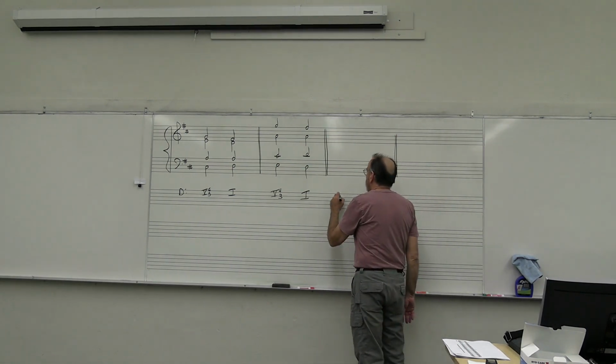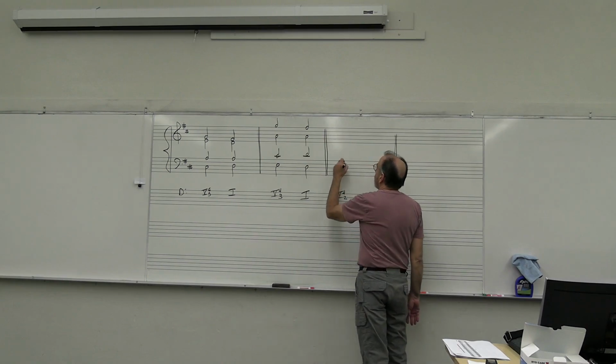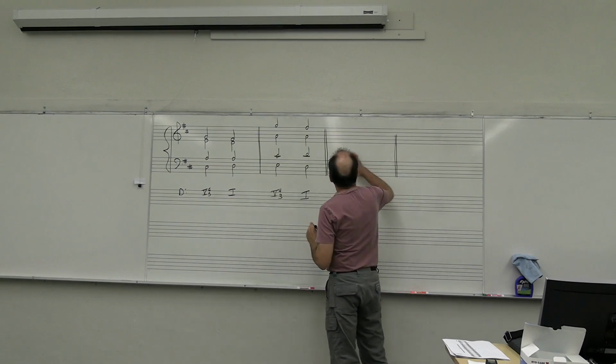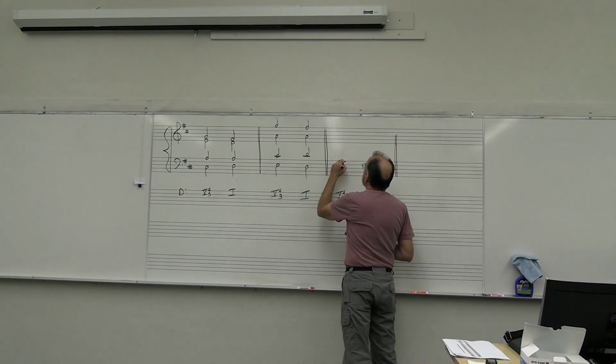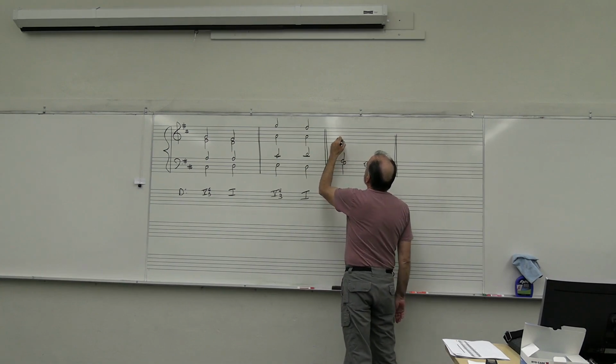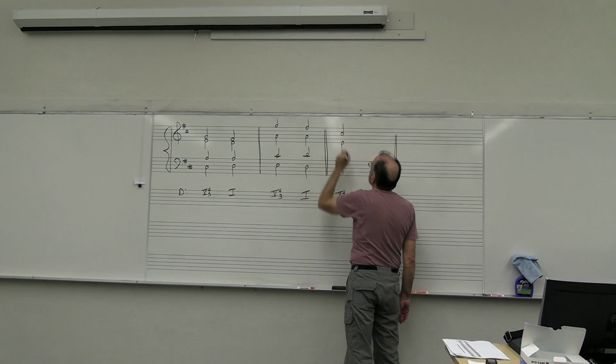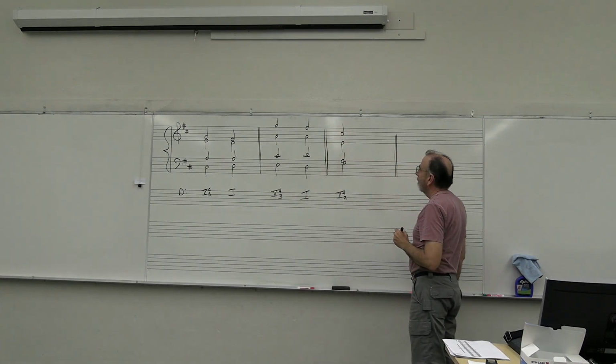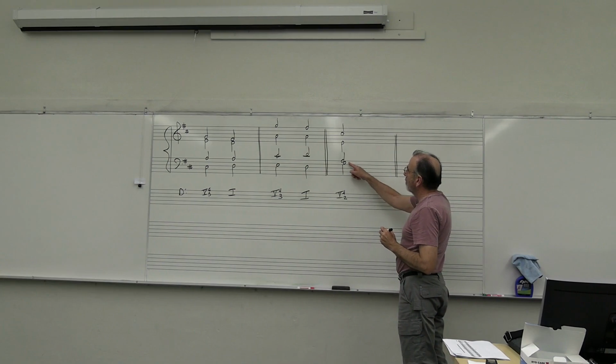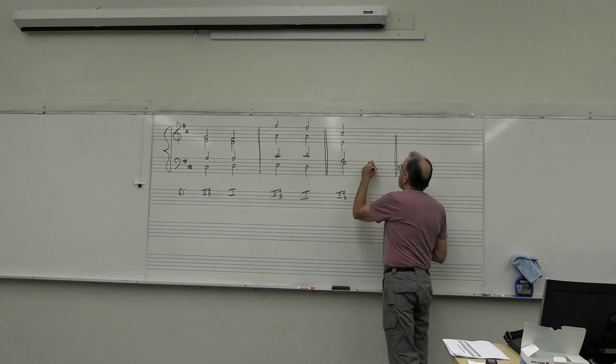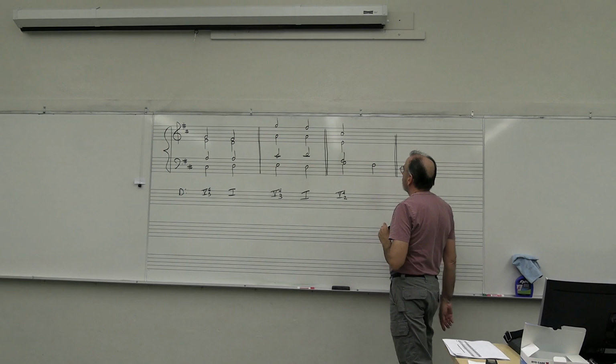And then 3rd inversion, 5/4/2, we would have something like this. Make that a little bit neater. So again, the 7th of the chord, the note G, is going to go down by step to the 3rd of the tonic.